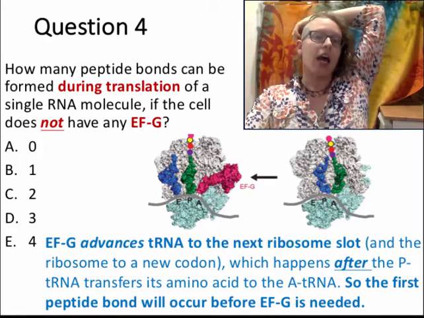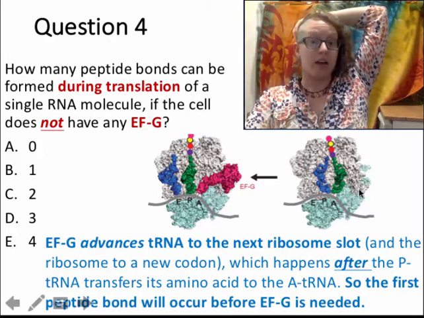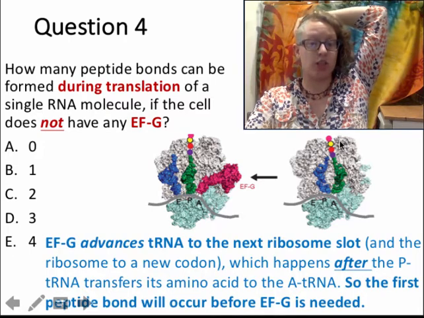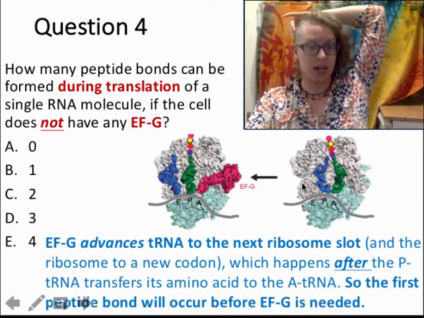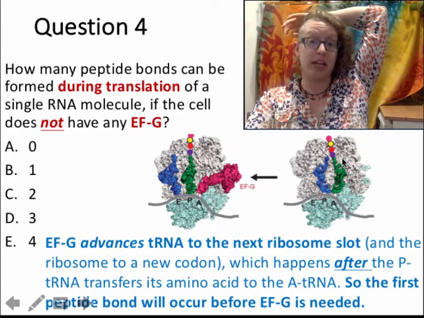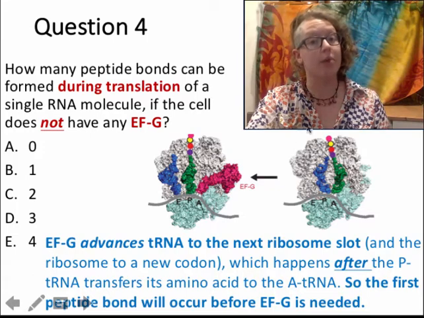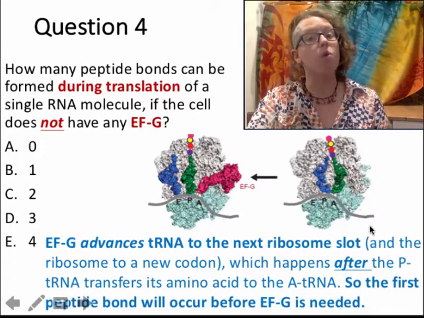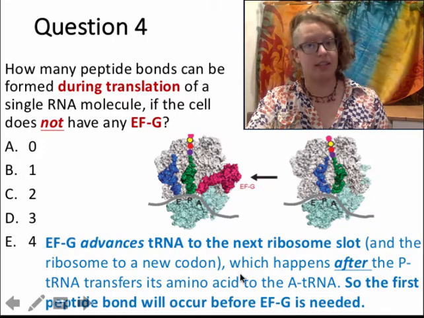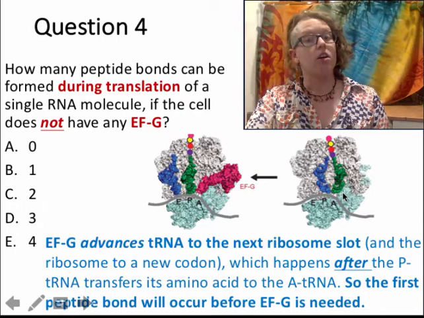And then a first tRNA comes in attached to something that is not that methionine of the starter tRNA. That first tRNA comes in, it is attached to an amino acid. These two can connect, and that whole thing happens up to this point before it needs to advance. Before EFG is necessary to advance the tRNAs from PA into EP.